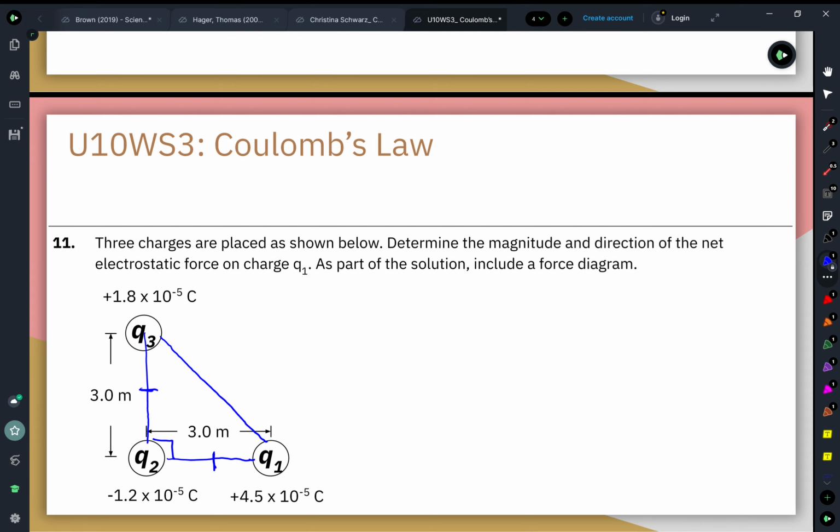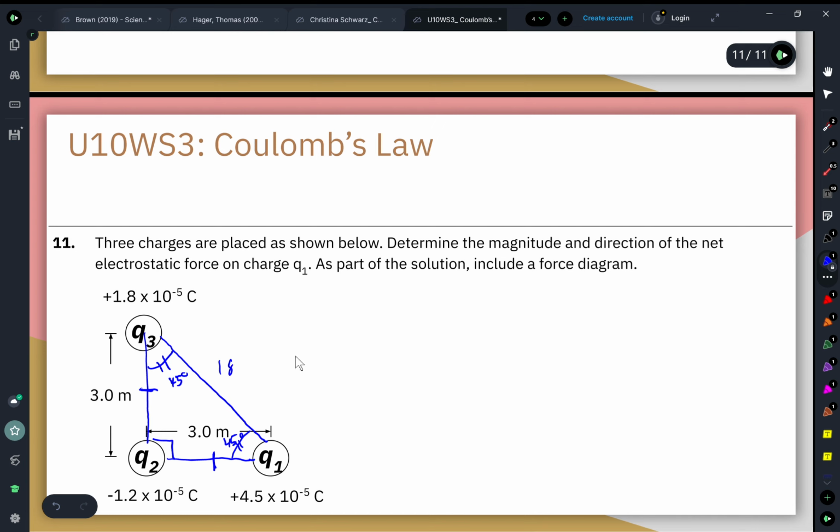Now, the fact that these two have the same length means that these two angles here should also be equivalent. So that means that this is going to be a 45, 45, 90 triangle. We can use that to determine the length between charge 1 and charge 3, or we can just use Pythagorean theorem.